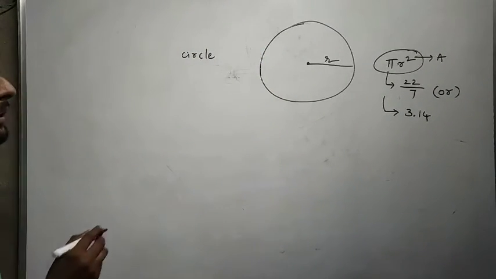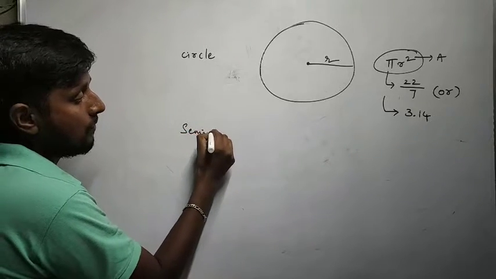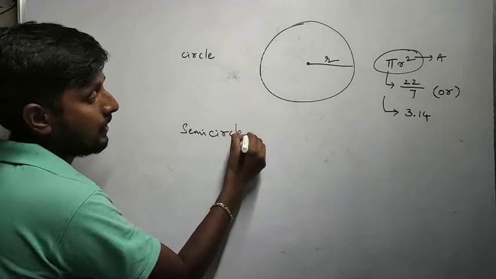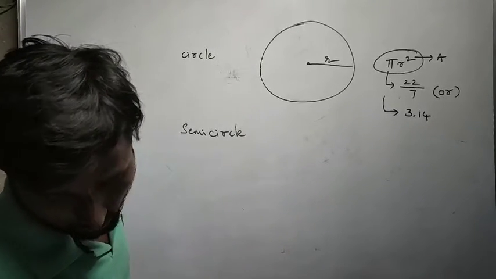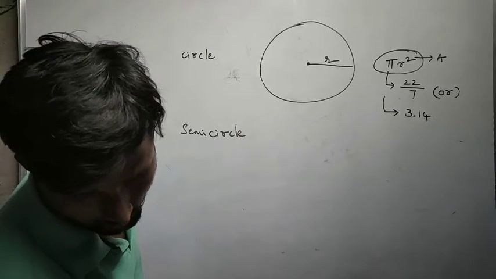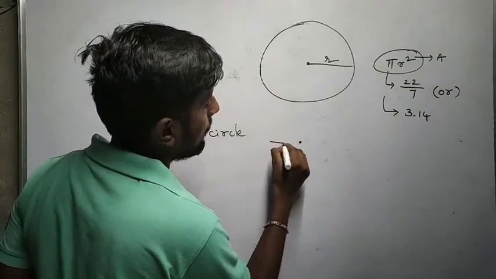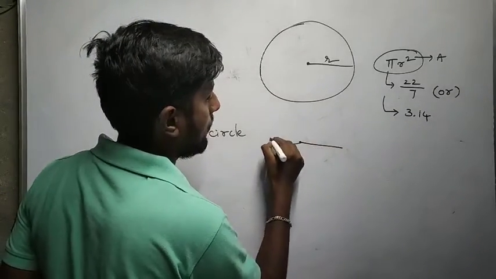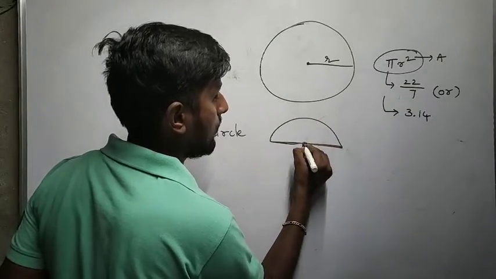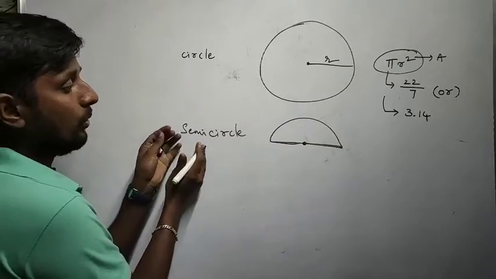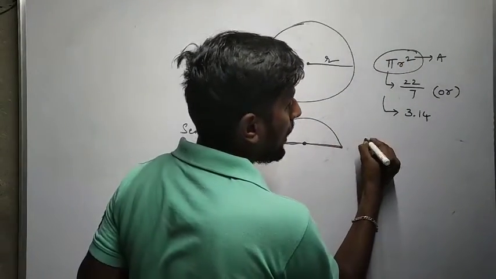Then if I take a semicircle, semicircle in the sense half of the circle. So if you take a half circle, the area also will become half. Am I right?